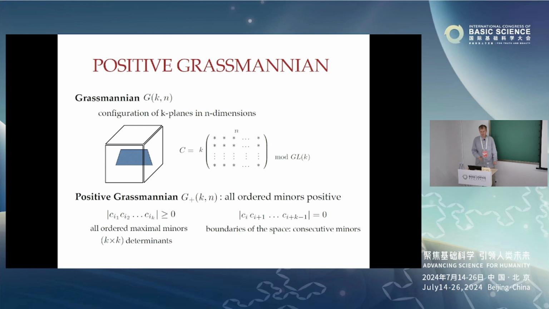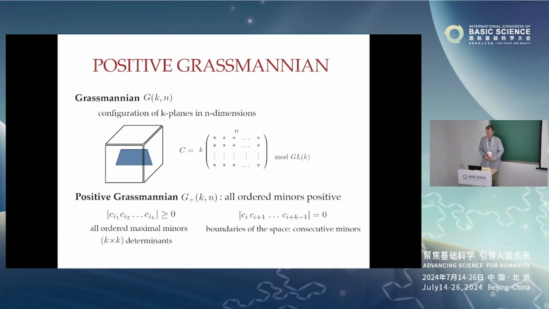So let's completely switch gears and just talk about one mathematical object called the Grassmannian, G(k,n). This is a configuration of k-planes in n dimensions. So we have a k-plane in some n-dimensional space. We can describe it by some k by n matrix modulo GL(k), modulo the choice of the basis on this plane.